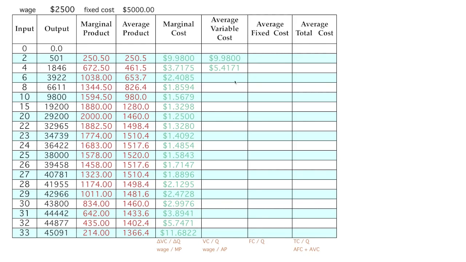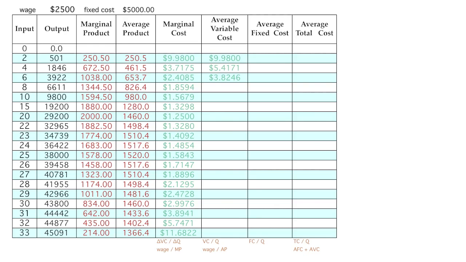But another way of doing it would be to take the wage of 2,500, dividing it by the average product of 653.7, and that would give you the average variable cost at that line of the table: $3 and basically 82 cents, and then the next decimal is 3.8246.